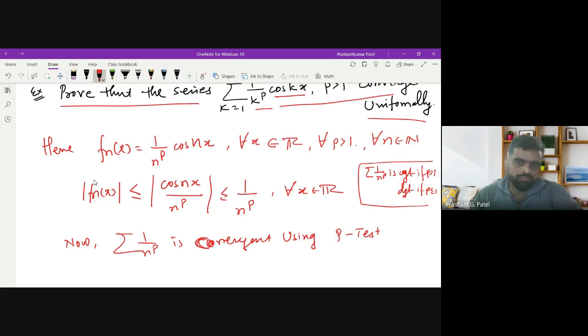So using the p test, this summation of 1 upon n raised to p is convergent, because here the value of p is greater than 1, as given to you.